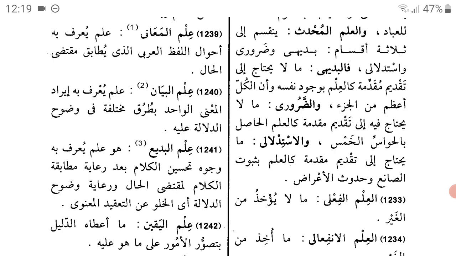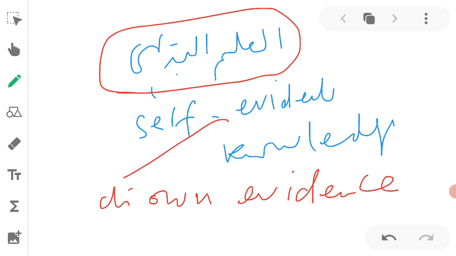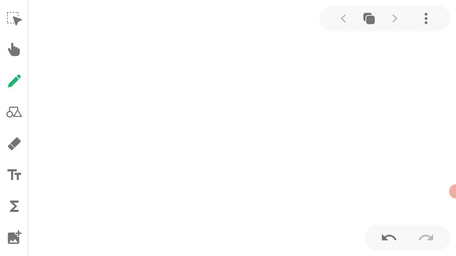So the distinction I can see is that in badihi, the examples they have given are mostly non-material, and they don't belong to the external world. So self, in a sense, doesn't belong to the external world, and the whole is greater than its parts is something abstract as well. On the other hand, the senses. Most of the senses get us knowledge of something external, but it's not really clear.